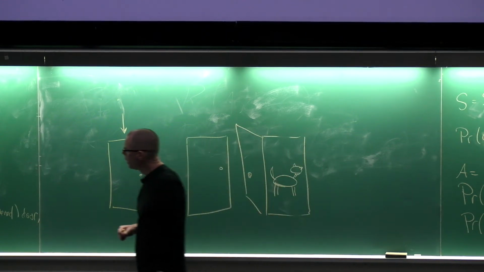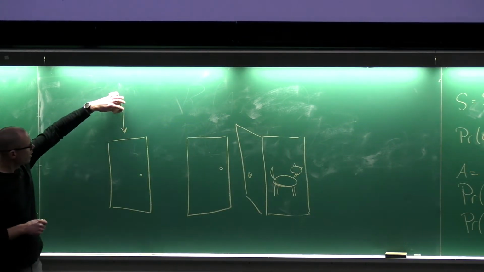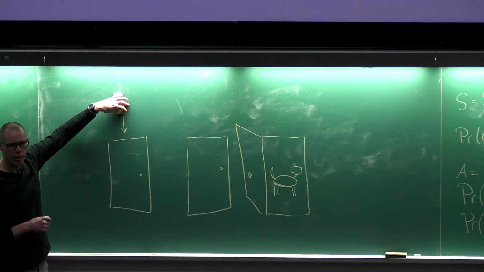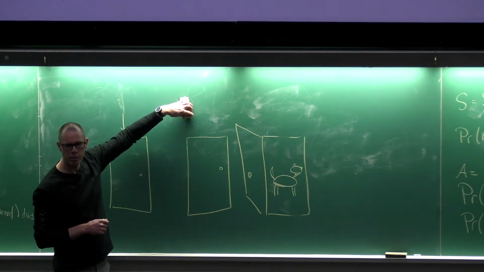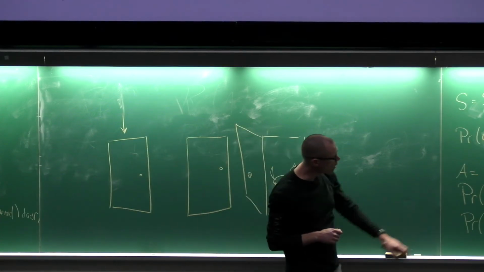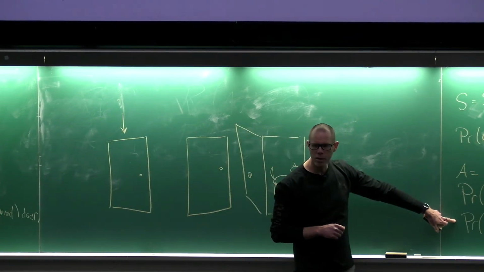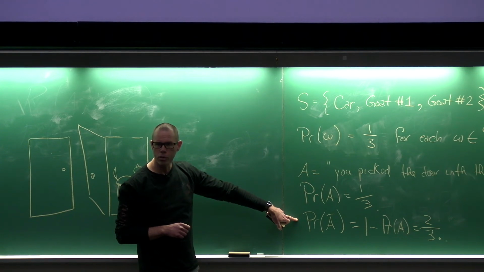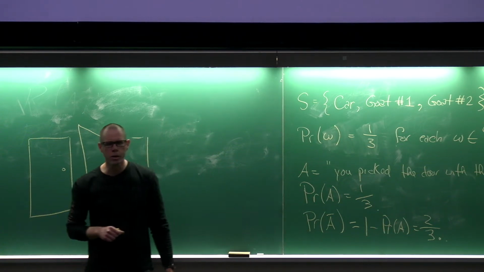On the other hand, if the first choice that I made did not have the car behind it, then when I switch, I'm going to win. Which means the probability that I win using that strategy is the probability of not A, which is 2/3. So your chances jump from 50% to 66.666%. It's a substantial increase.